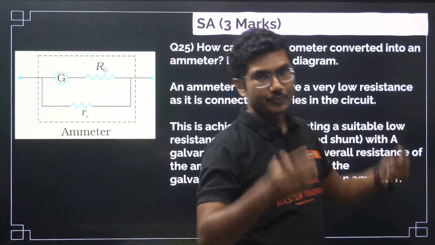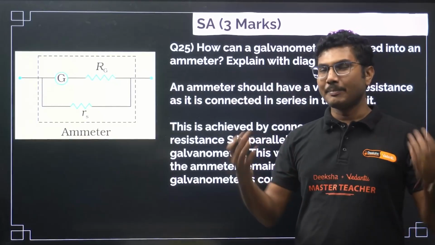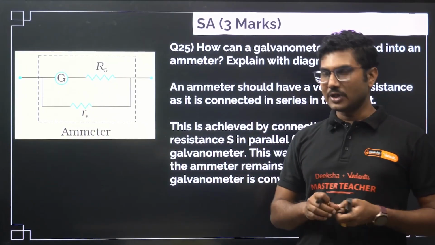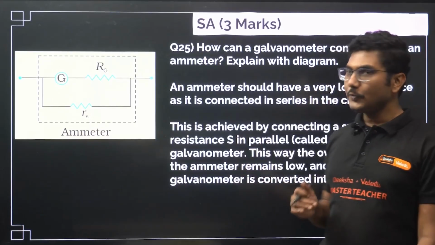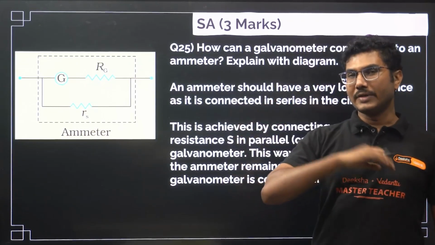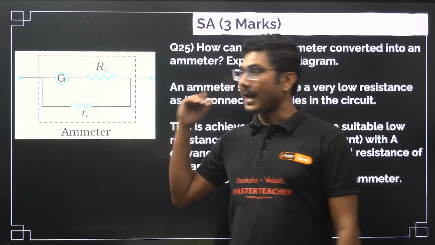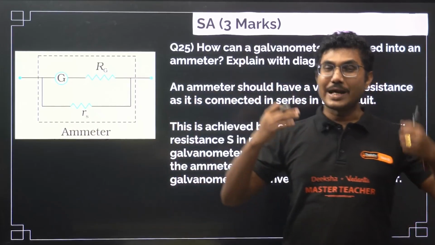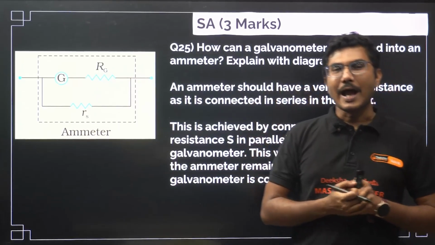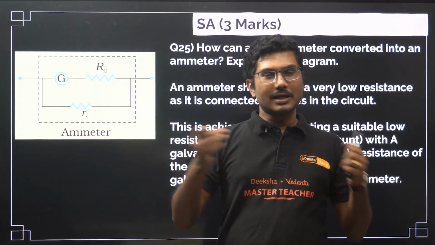So, why is it so? Why does connecting a voltmeter or ammeter in parallel or series matter? I am just giving you one example. This is very critical to understand. If you understand this right now, you will never forget. Suppose I have designed a circuit and I want to measure the current in the circuit.